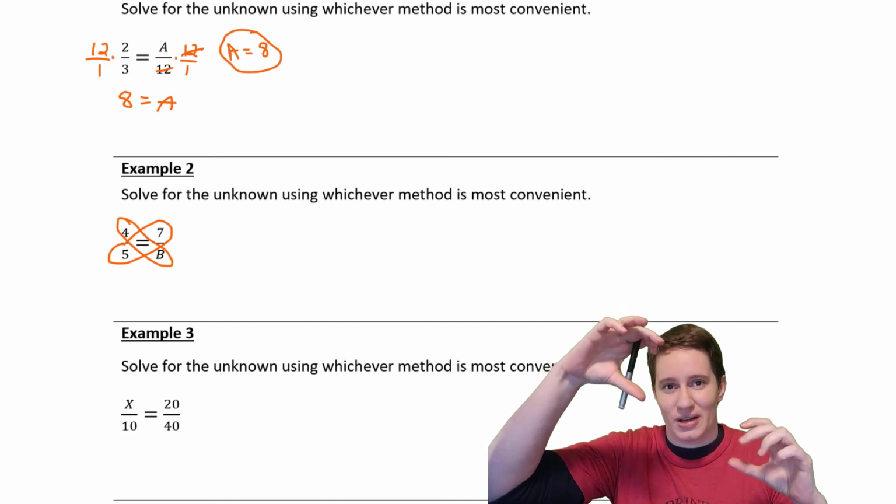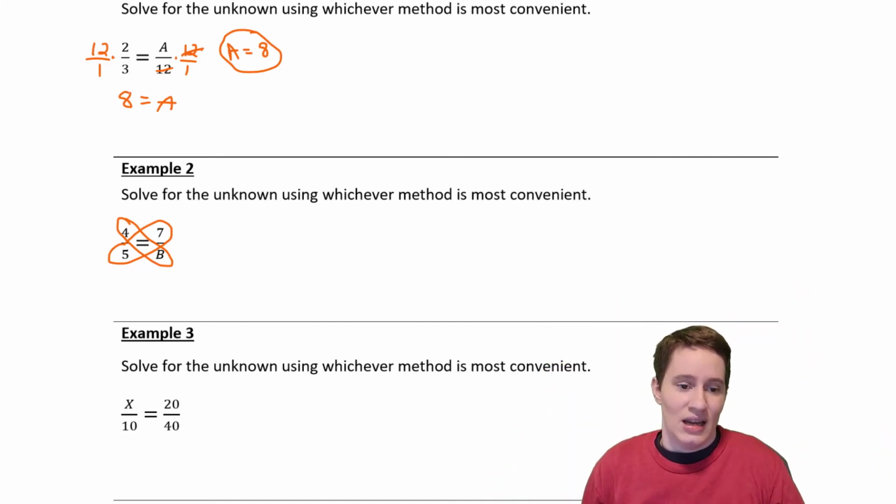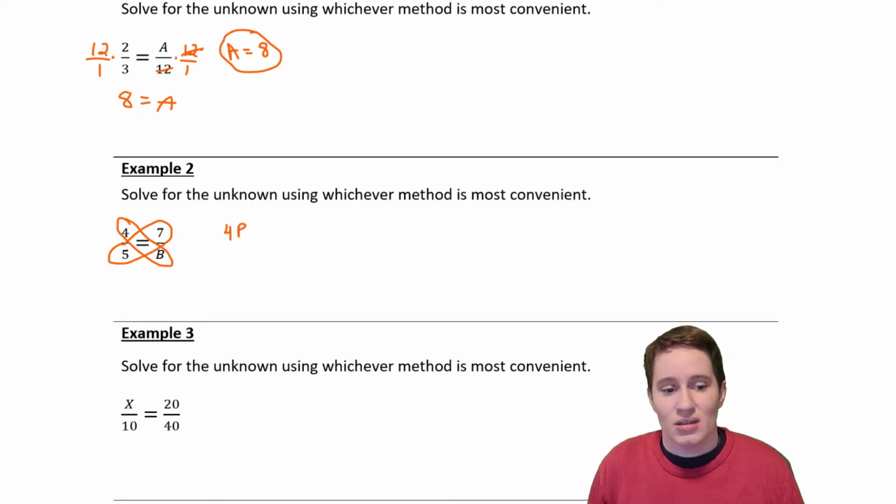Like we multiply across in an X, and basically it gets rid of our fractions. So we do 4 times b, which is 4b. Then we put equals, and then we do the other multiplication, 7 times 5, which is 35. And we divide both sides by 4 and get b equals.